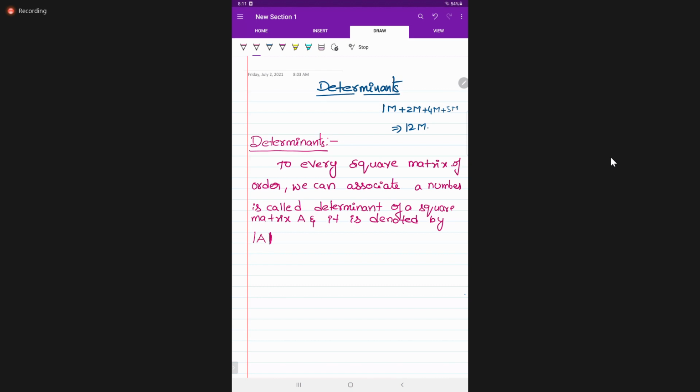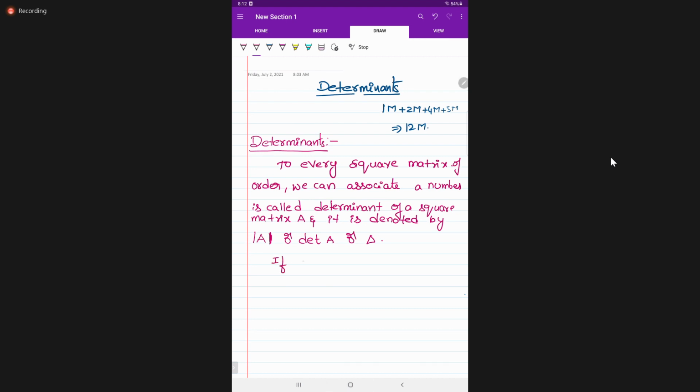You can write det of A, or you can write delta also. This is not modulus. We call it det, determinant of A.